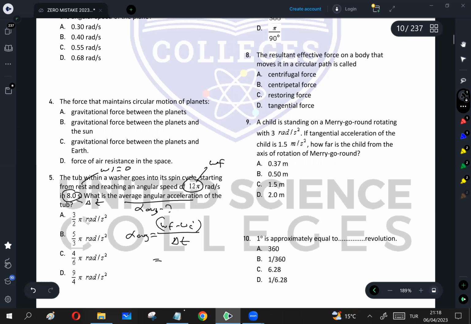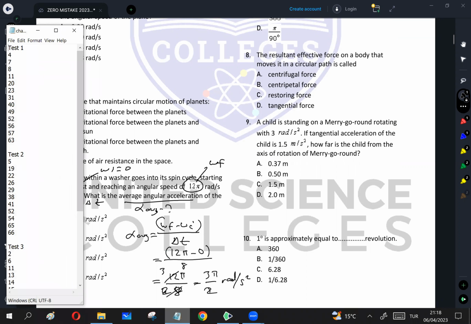Final angular speed is 12 pi, initial is 0, divided by delta t, which is 8. It's going to be 12 pi over 8. If we simplify by dividing by 4, it's going to be 3 pi over 2 radian per second squared, and it's the correct answer.